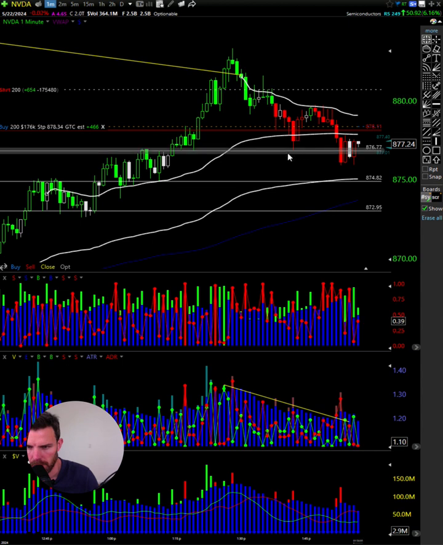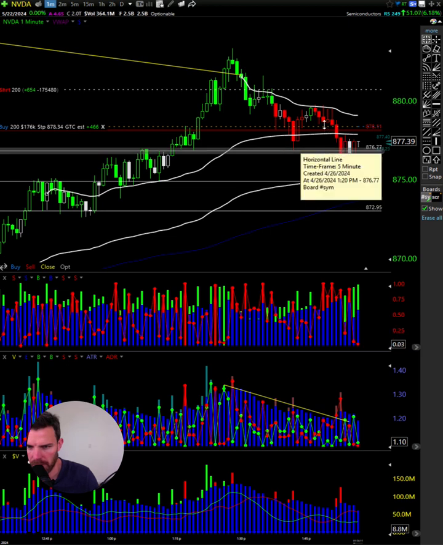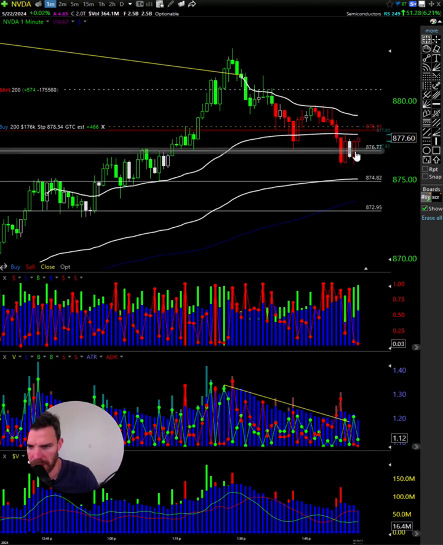So just undercut here, found buyers. Basically, if everyone had their stop loss here, the stops were run and then buyers came in. And now if we cross up through here, that would be pretty bullish to go back towards the highs.